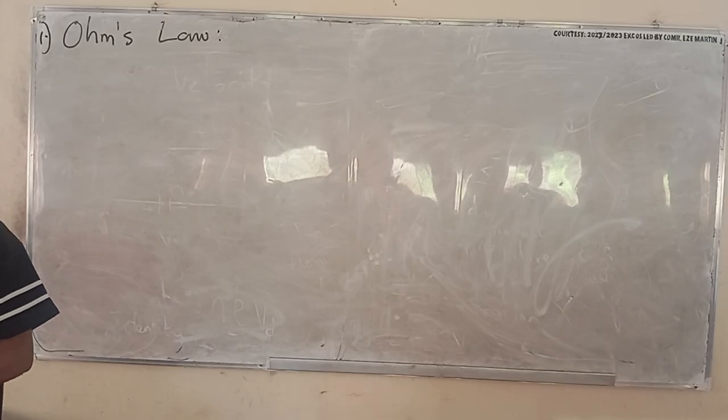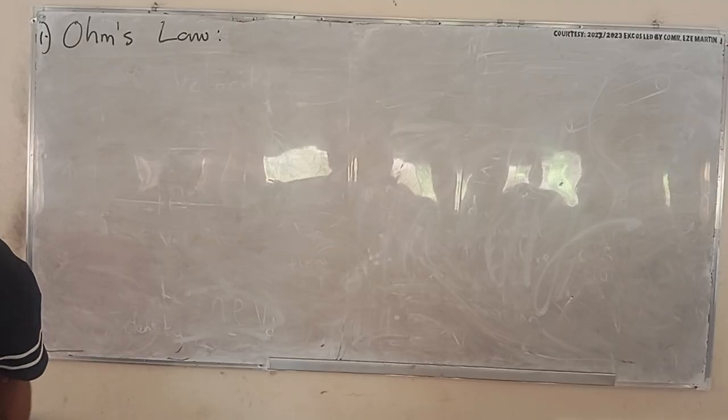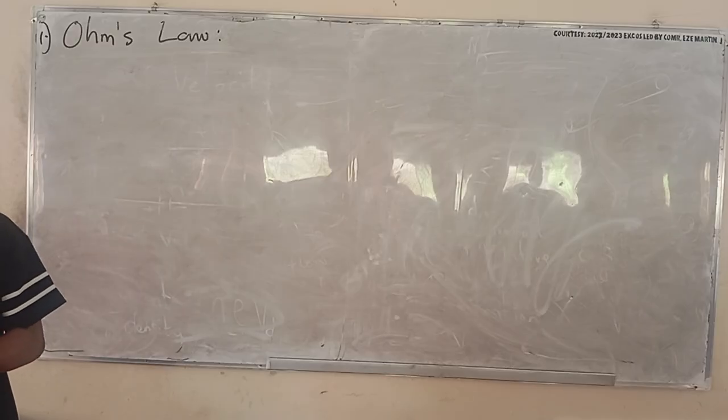The work done in moving a unit charge through a metallic conductor is directly proportional to the output. Open brackets and write current for me there.